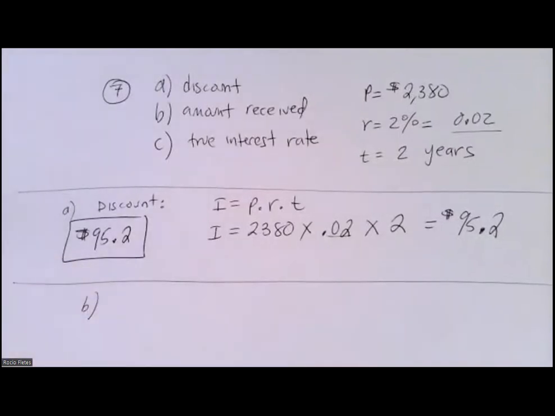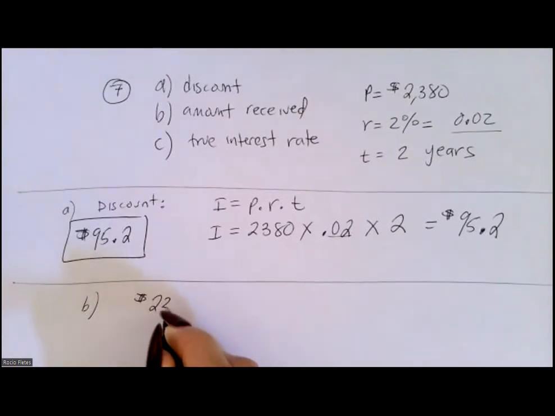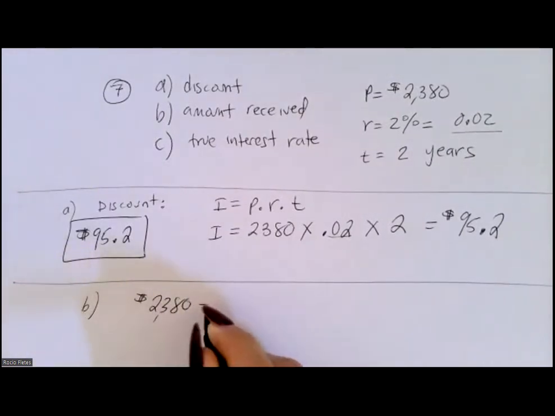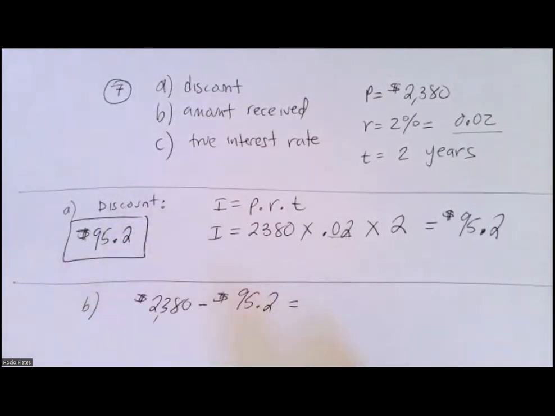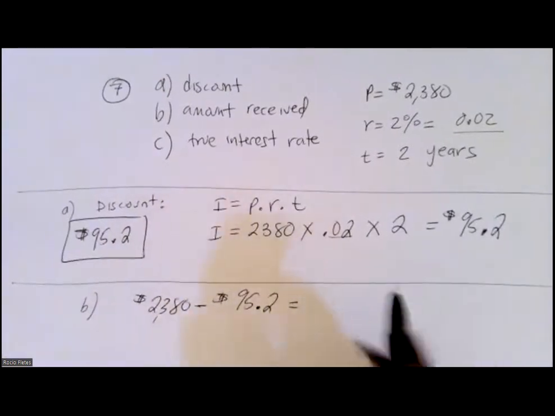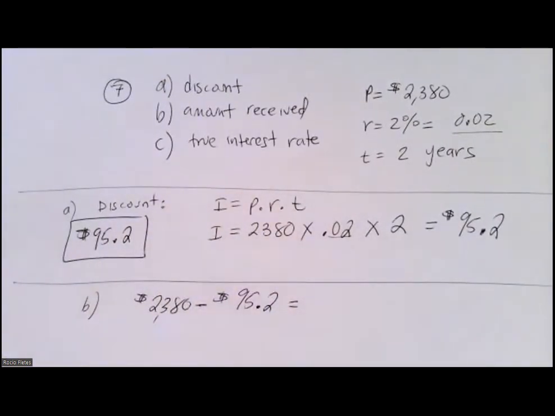Now for B, for the amount received, we have to subtract. We have to take 2,380, and we're going to subtract the interest. So this person is taking the interest ahead of time, right? And is only lending the remaining part. So that's going to be 2,380 minus the interest.